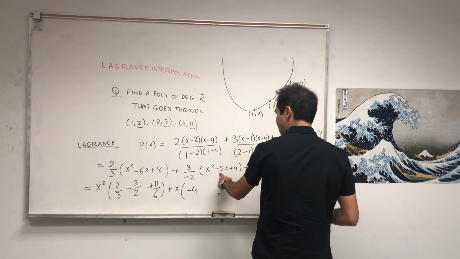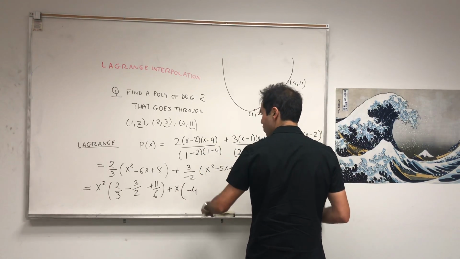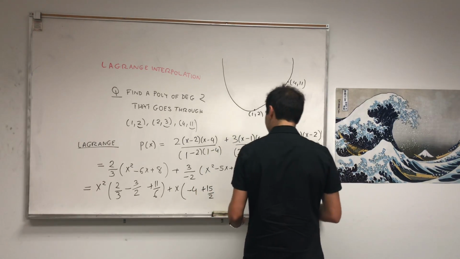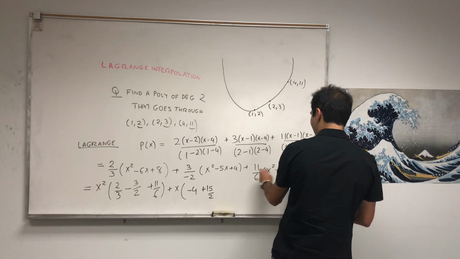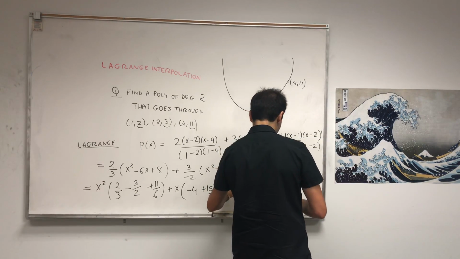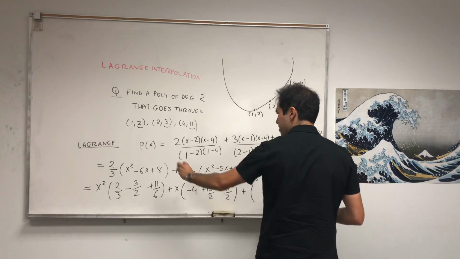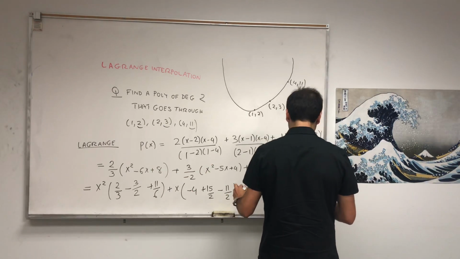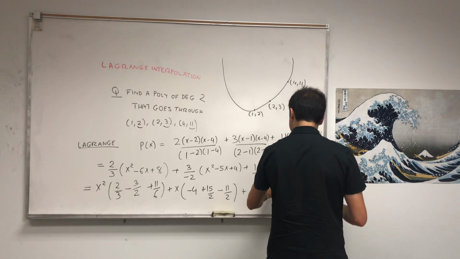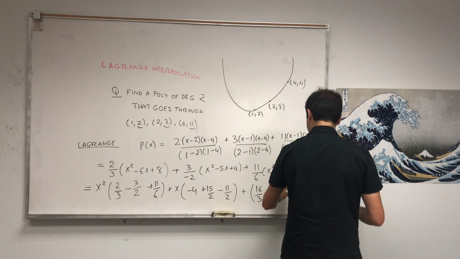And then you get something ugly, so minus 15 over minus 2, so 15/2. And then something even worse here, I think minus 11/2. And lastly, you do the constant term, so I think 16/3 minus 6, and then 11/3.